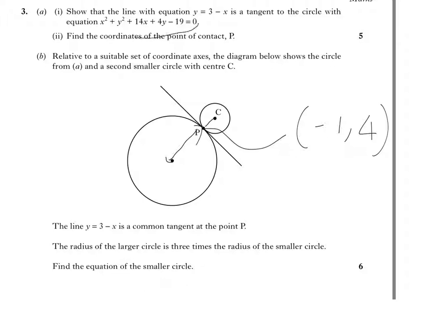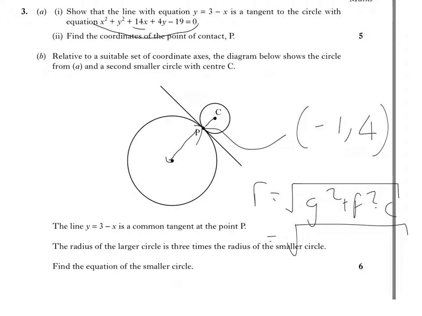I can get the radius from the bigger circle easily by square root of g squared plus f squared minus c. So that will be the square root of 7 squared plus 2 squared, and c is minus 19, so minus c would be plus 19.